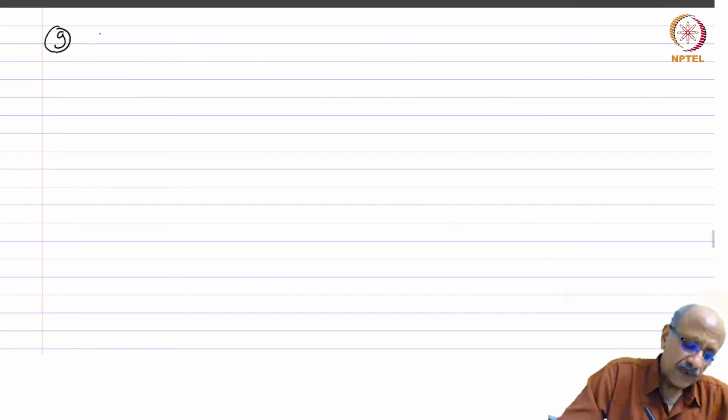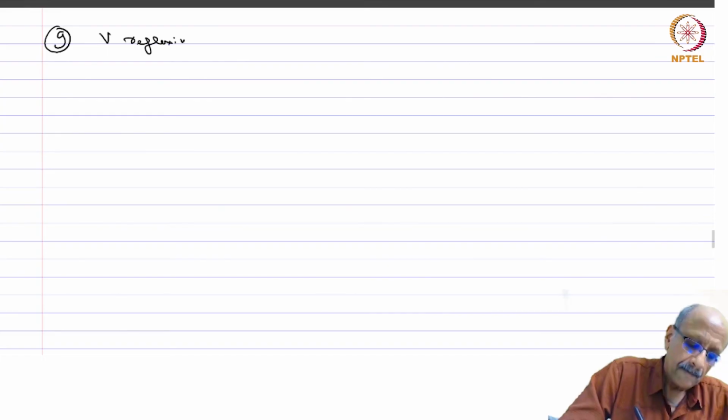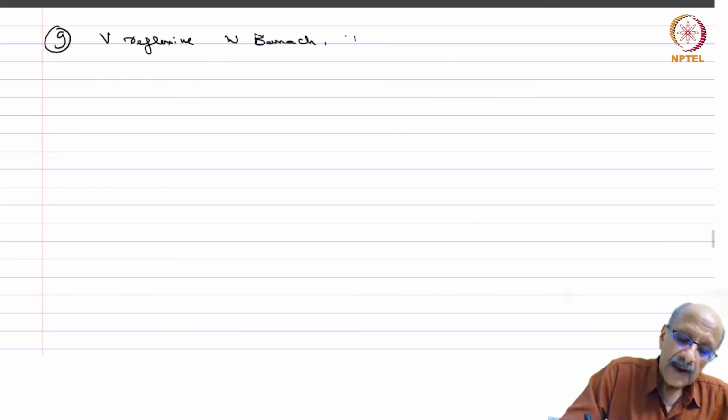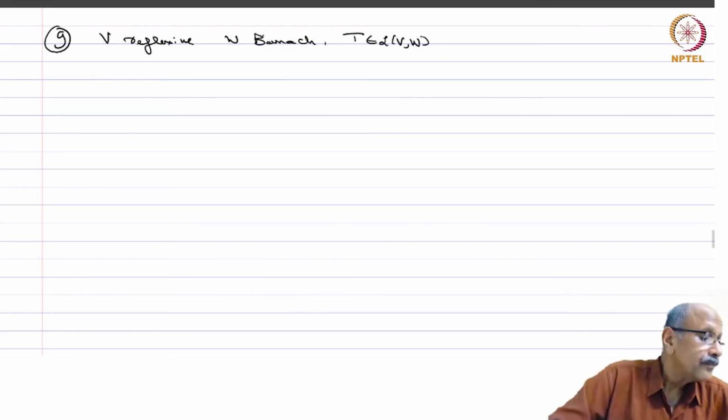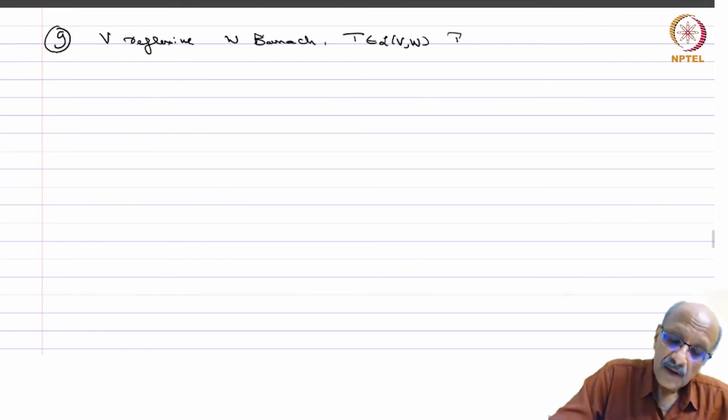However, suppose V is reflexive and W is a Banach space, and T belongs to L(V, W), then TB is closed.